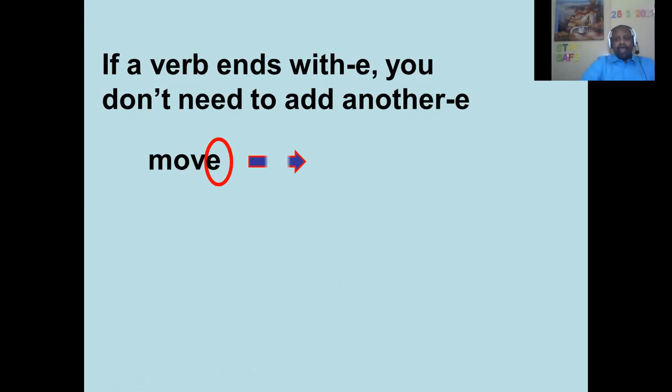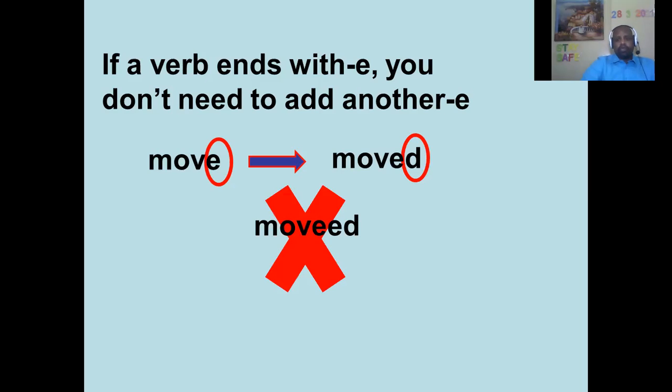You don't need to add another E, just add the D. Moved. We already had the E. If you add another E, that's a big mistake. Remember, if a verb ends with E, you don't need to add another E, just add the D.